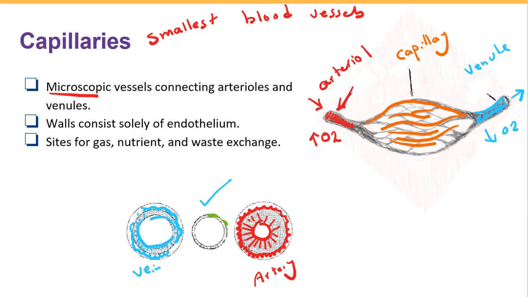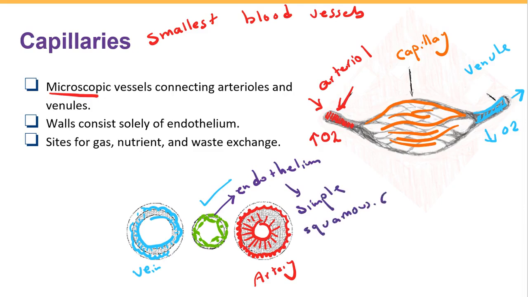It has a basement membrane with just one layer of simple squamous epithelial cells on top of it, and this simple squamous epithelial tissue is called endothelium, which means we only have one layer of flattened cells on top of the basement membrane.